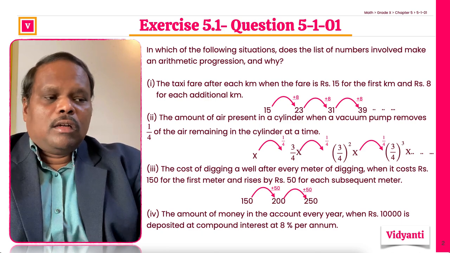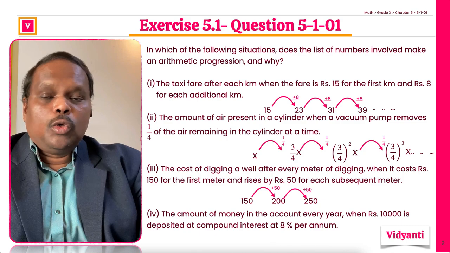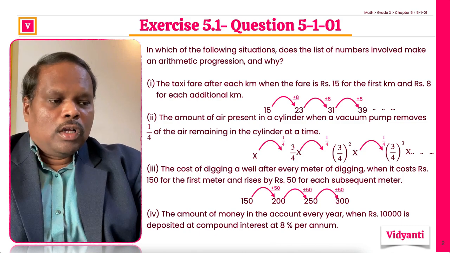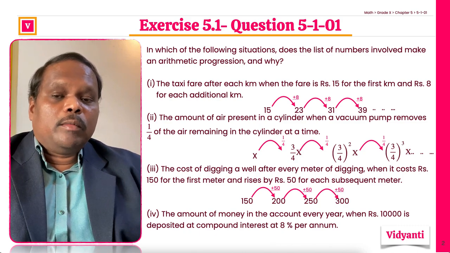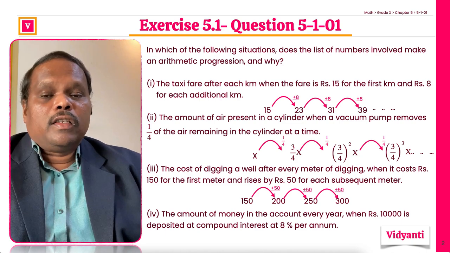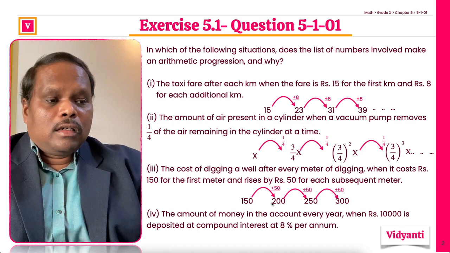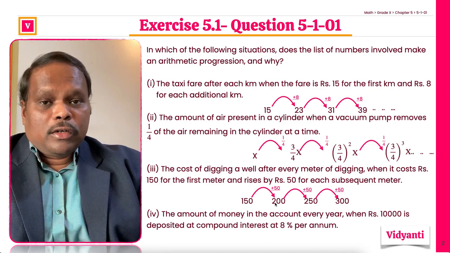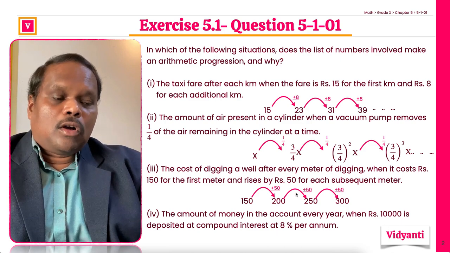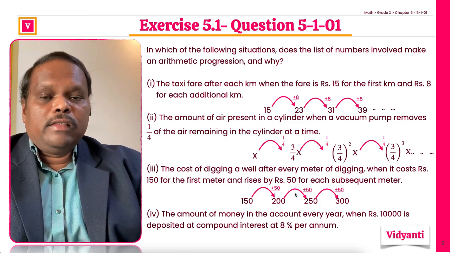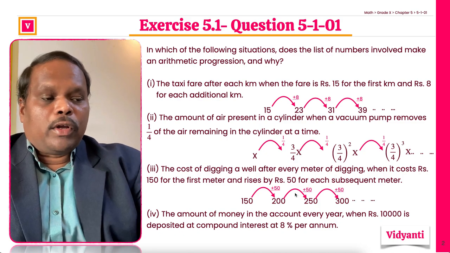With this logic, my third meter of digging will be 250 rupees, and so on. As you can see, each subsequent meter of digging of this well is increasing my cost by 50 rupees uniformly, and the difference between two successive consecutive terms is always constant. So yes, this is an arithmetic progression.